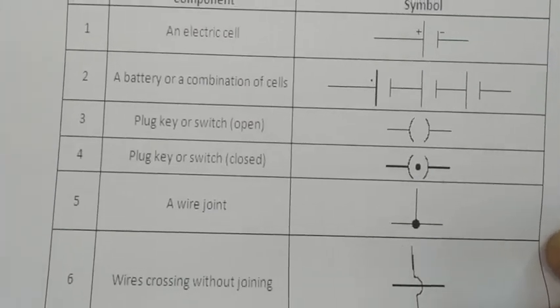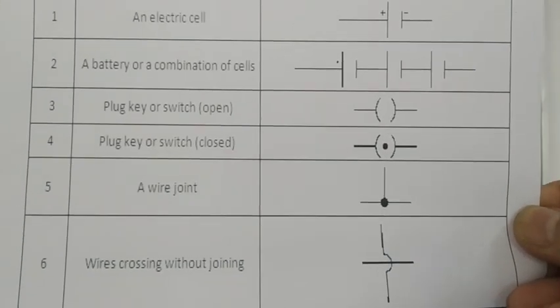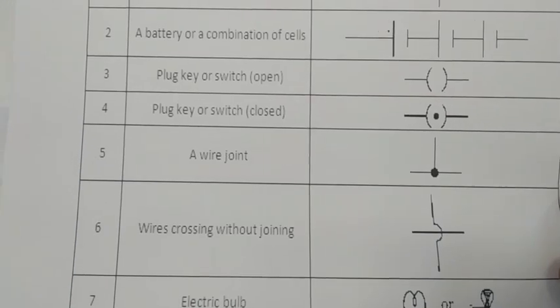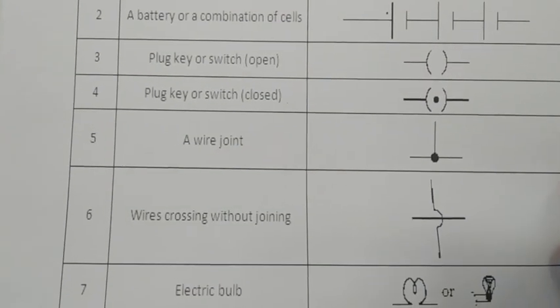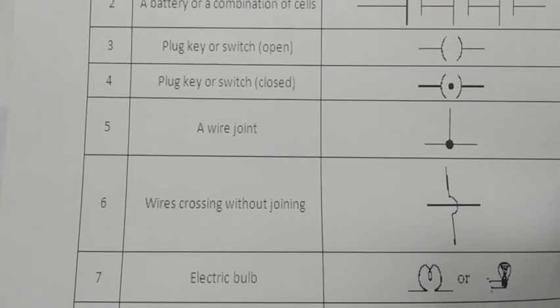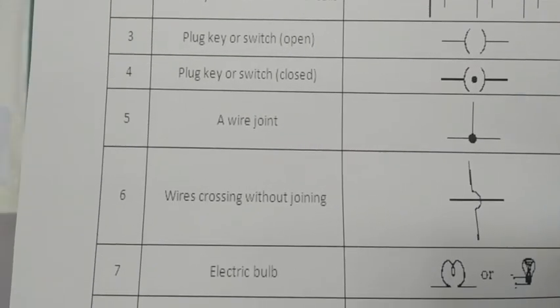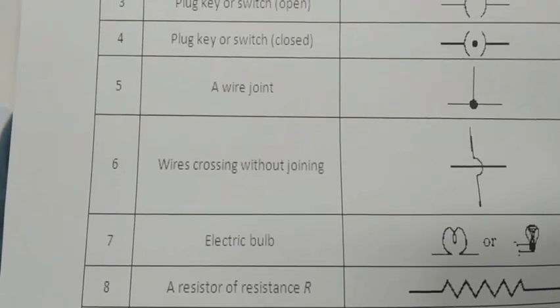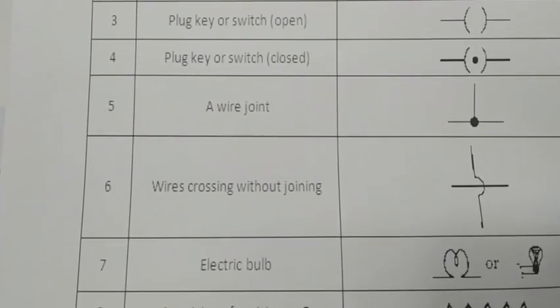What I told already, a combination of cells is nothing but a battery. It provides more voltage, more current. The third one, what you are seeing, is the key. Now, no dot inside, so automatically it is open. Plug in, we say. The dot is the fourth one. Now the circuit is on.